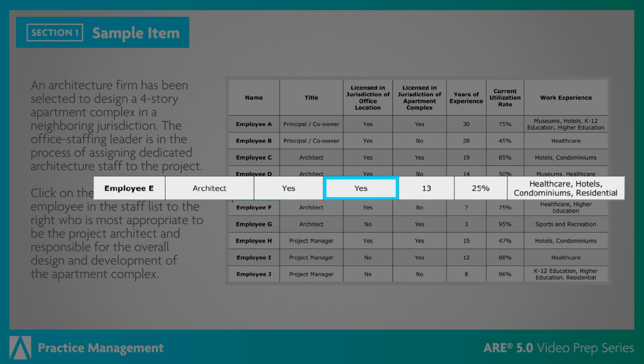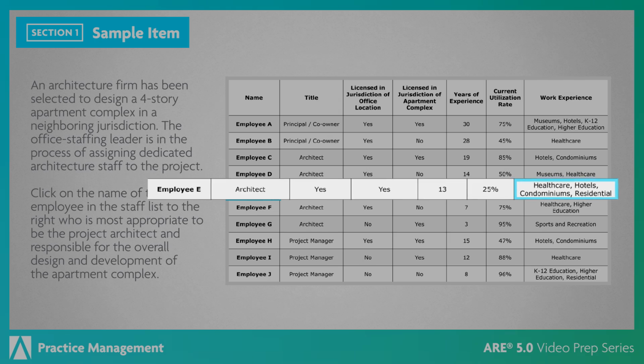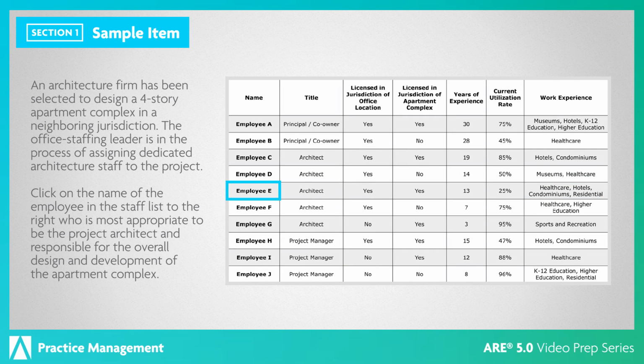Employee E is licensed in the project's jurisdiction, is only charging 25% of their time to firm projects, and has work experience on related project types. Based on the information provided, this makes Employee E the most appropriate choice to serve as project architect for the new apartment complex. This is an AE level item requiring you to evaluate firm resources and determine staffing based on the requirements of a building project.